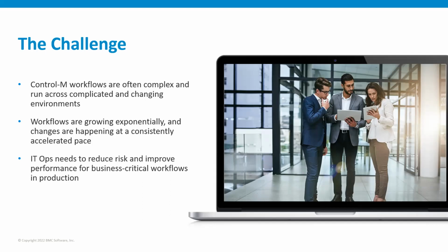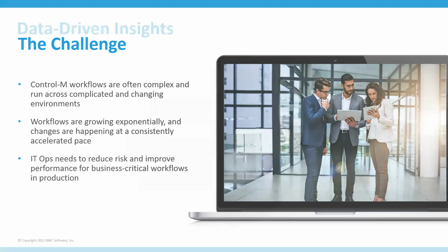So at that point, most of the time, IT ops needs to reduce the risk and to have some kind of a mechanism where they can take proactive actions in order to make sure and in order to avoid the risk that their automation flows and your SLA management is swift, is optimized, and can be trusted.